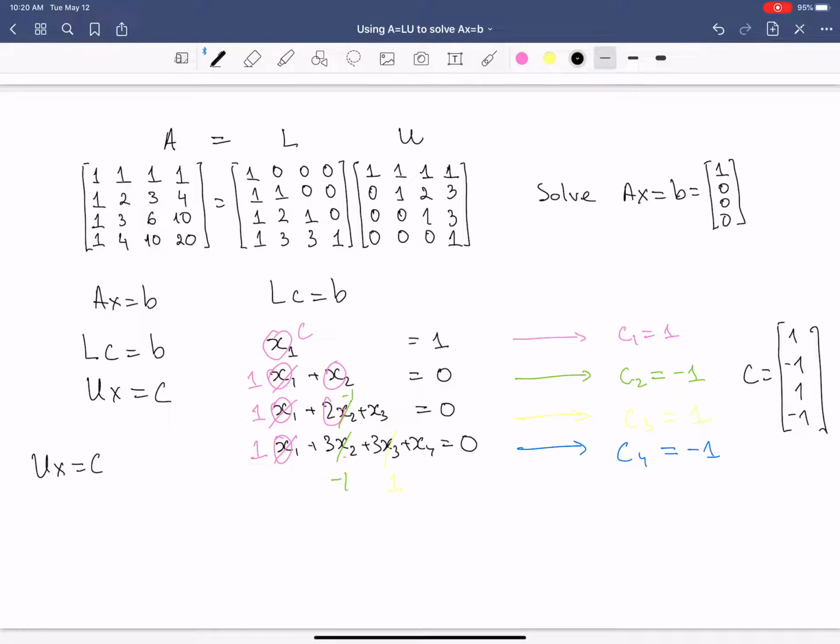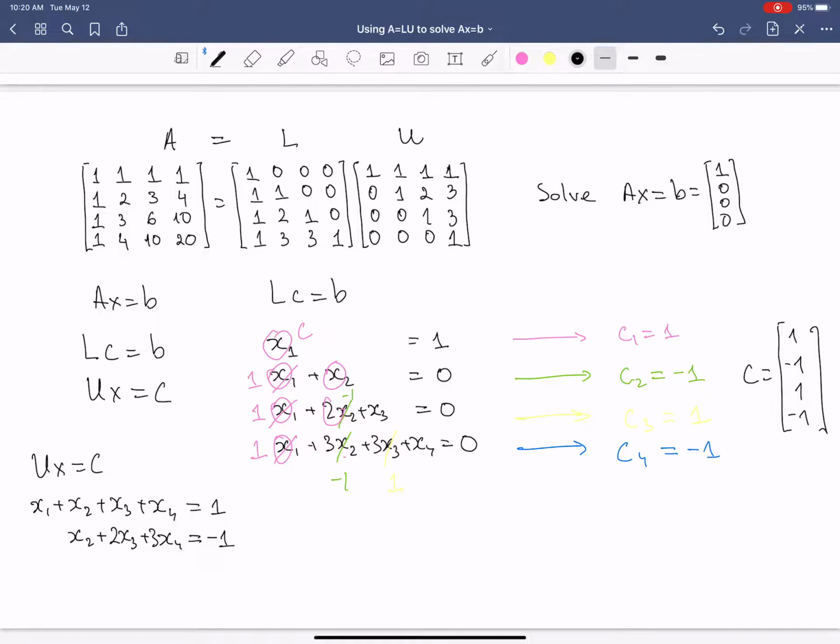I'm going to write the system with x's, and these really need to be x's. So from the first row of U, I have x1 plus x2 plus x3 plus x4 equals C1, which is 1. Then I have x2 plus 2x3 plus 3x4 equals -1.